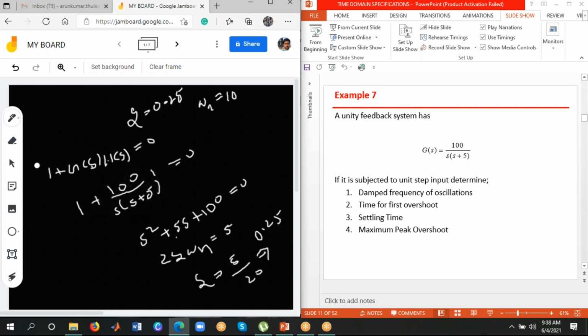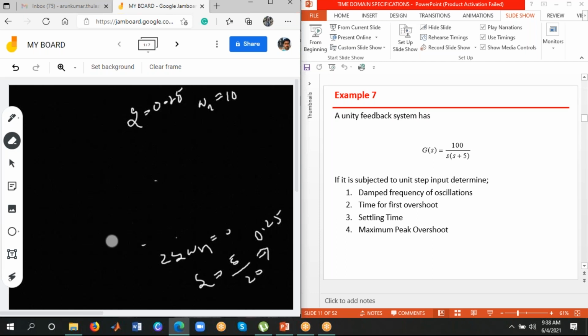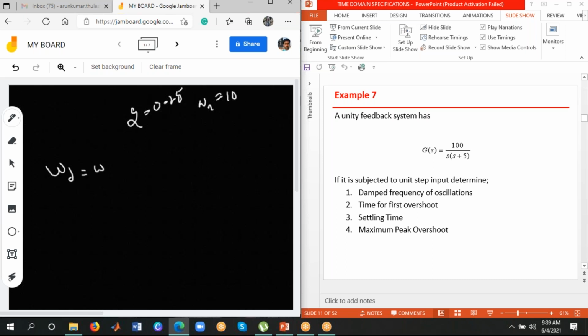Now we need to find 4 parameters here. What is the first one? Damped frequency of oscillation. What do we have to find as the answer for question 1? Damped frequency of oscillations, right? Omega d. So omega d is equal to omega n square root of 1 minus zeta square.